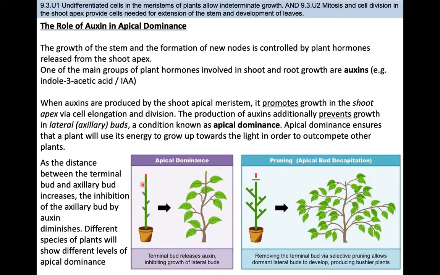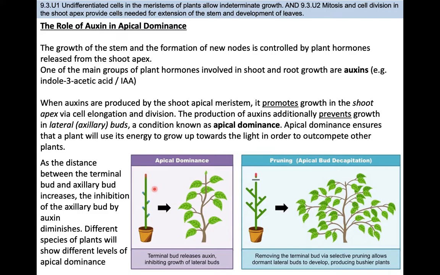As the shoot starts to grow upwards, the apical meristem starts to get further from these nodes. Once the apical meristem is far enough away, which is where the majority of the auxin is going to be, that's when the nodes have the ability to branch out.